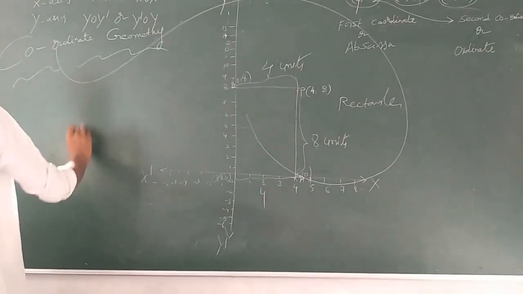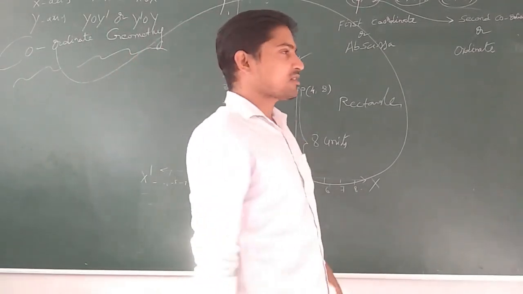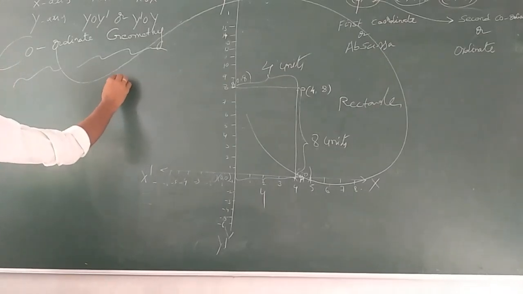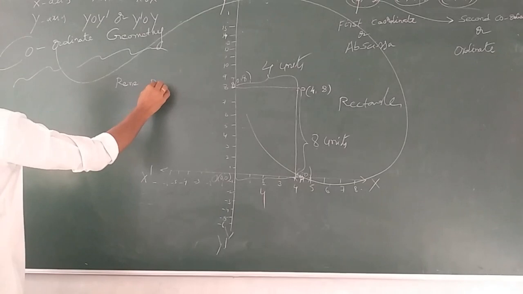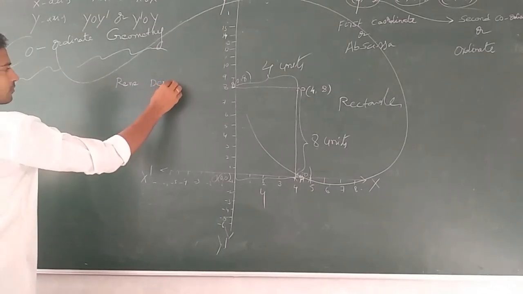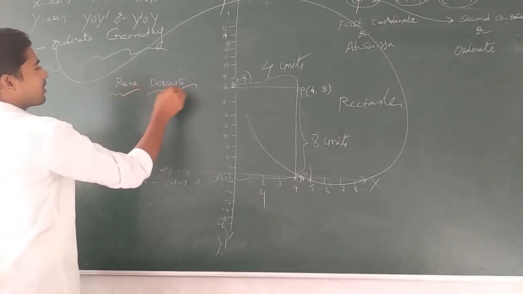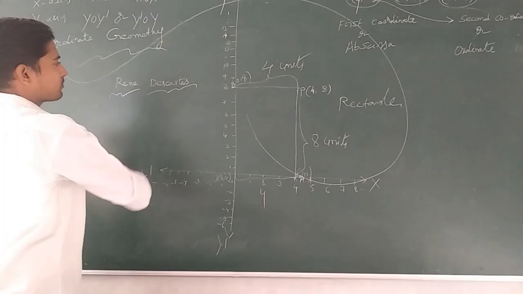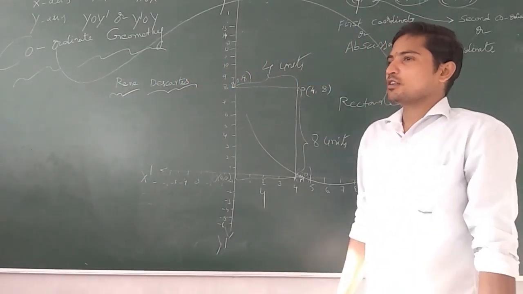The father of coordinate geometry is René Descartes. René Descartes is the father of coordinate geometry.